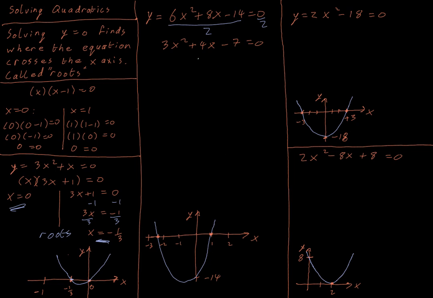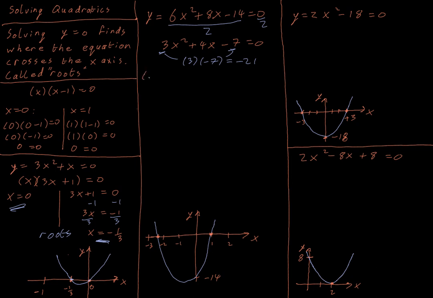Now, how do I solve my quadratic? Well, again, I factorize. So how do I factorize my quadratic trinomial? I take the coefficient of the x squared and the number on the end, and I multiply the two of them together, and I get -21. Now, what I do is write down all of the factor pairs of -21 and see which one of those pairs adds together to give +4.